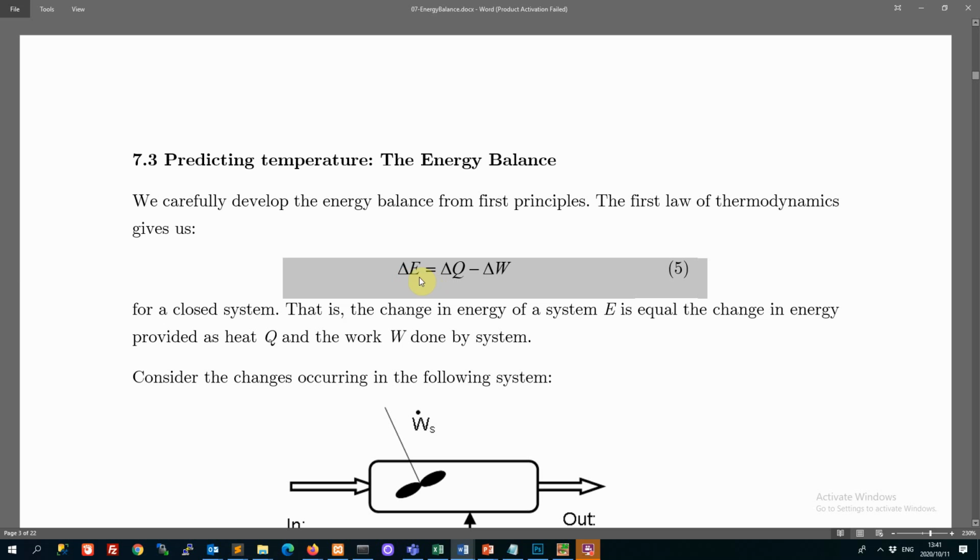We are just saying if you compare two things energetically, then the total difference in the energy across those two things will be equal to the amount of heat that was added, the amount of heat in terms of temperature, and the amount of work done. So when we use Q, the way I like to think of it is that's the heat added in terms of a temperature difference.